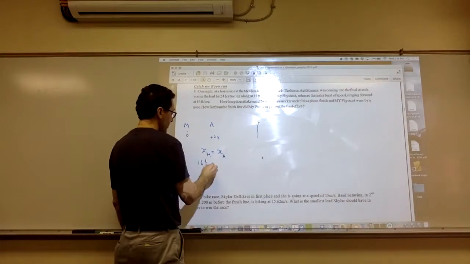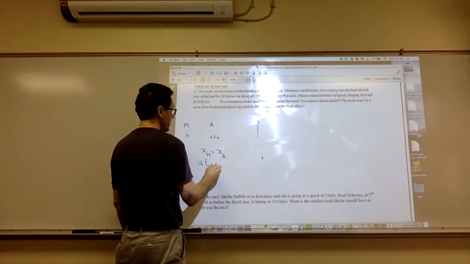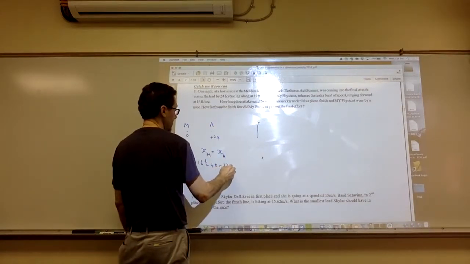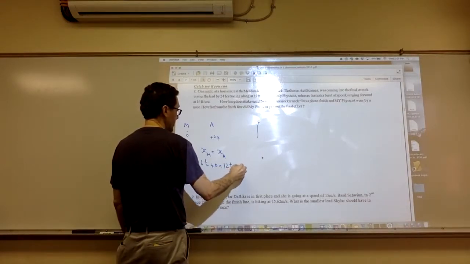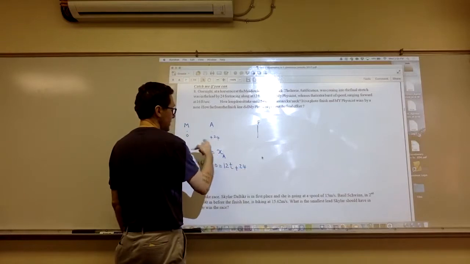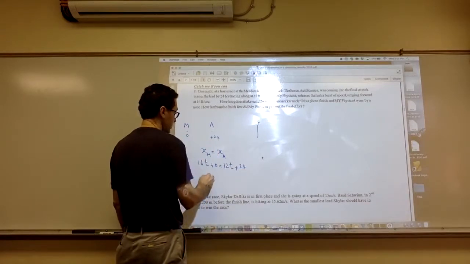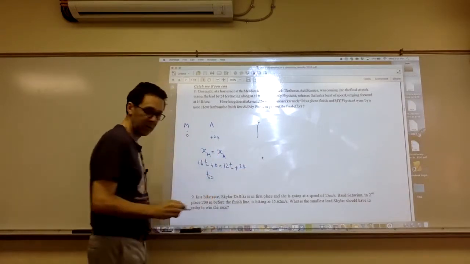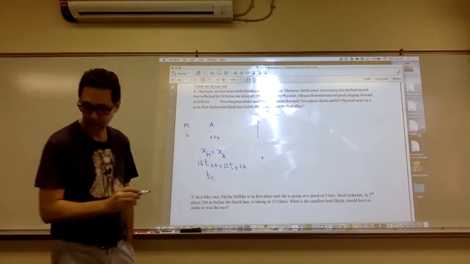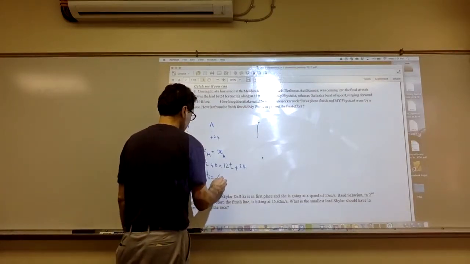And this one is starting from 0, so plus 0 equals Anti-Science is 12, the same amount of time, okay, plus 24, because it starts at the positive 24 position. So if we do the math here, we get t equals 6 seconds. Okay.